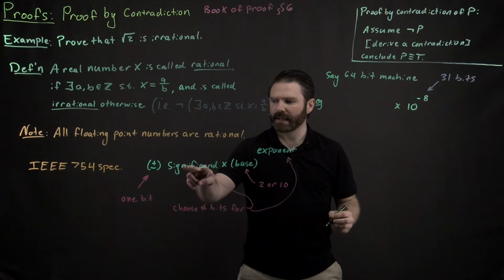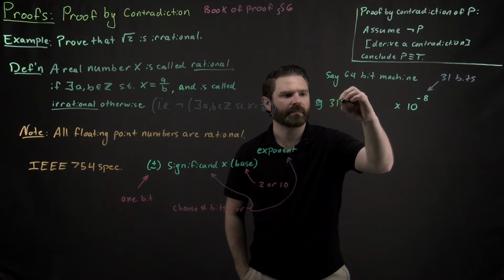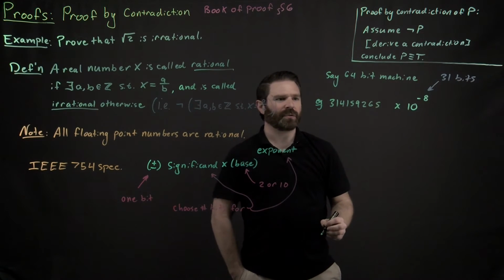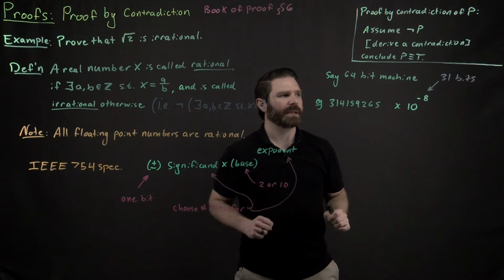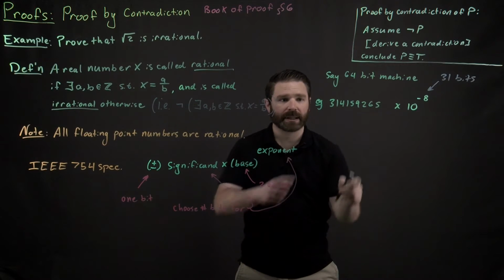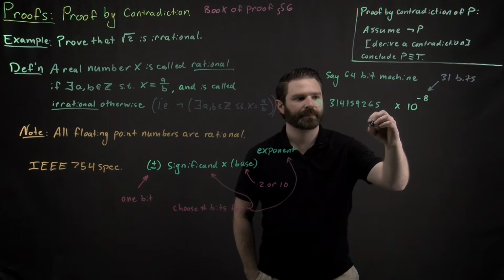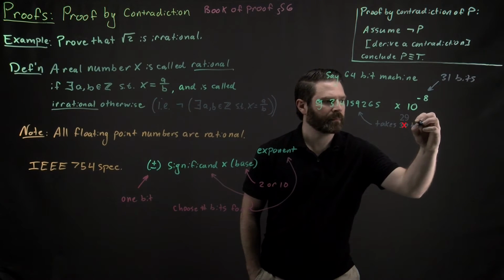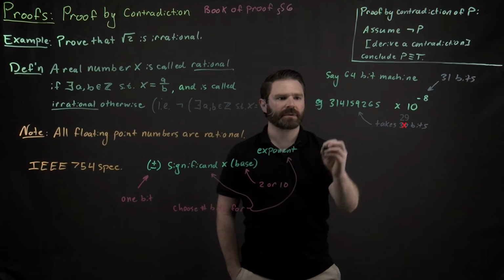I'm going to pick a special significand, and it is going to be 314159265. It turns out that to represent this number in binary, it takes 30 bits, and it's a positive number.